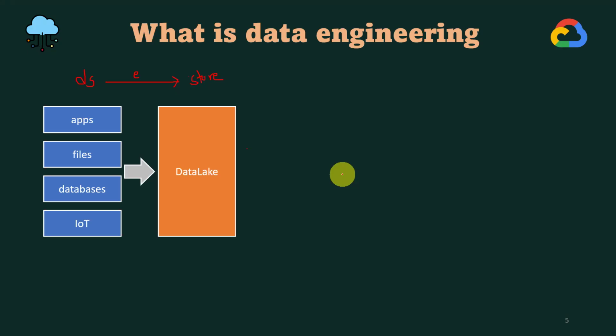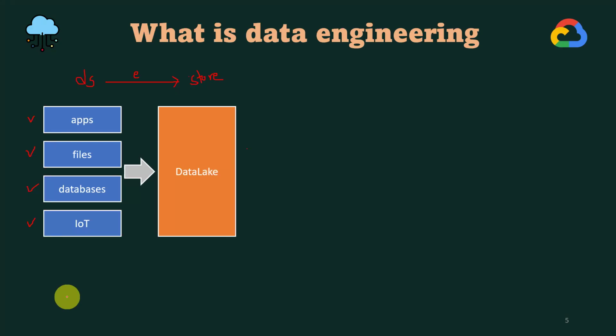From the data sources we are going to extract the data and first store it. If I want to analyze the data and get insights, how can I do it? I need to have the data in a single location, because my application may be running on some server in some location, the files may be coming from some other application or server, this database is running in some other location, and these IoT devices are in some other format or location.